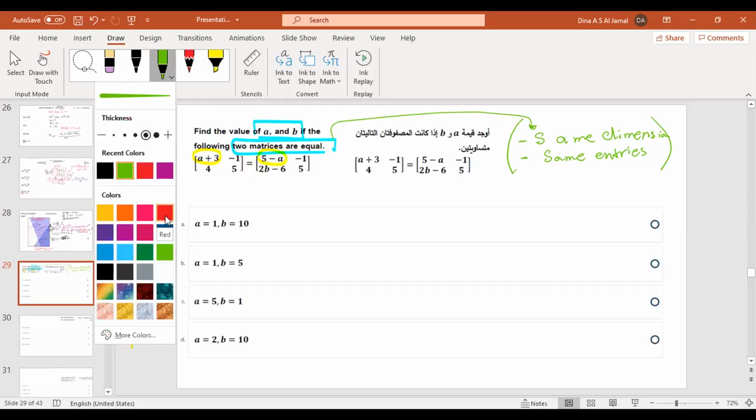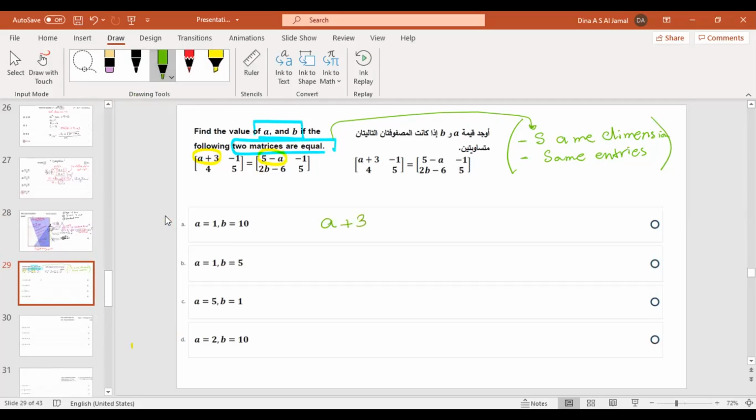So A plus 3 is equal to 5 minus A. Again, when you move the variable next to the variable, it will be A plus A equal 5 minus 3, which is 2A is equal to 2.